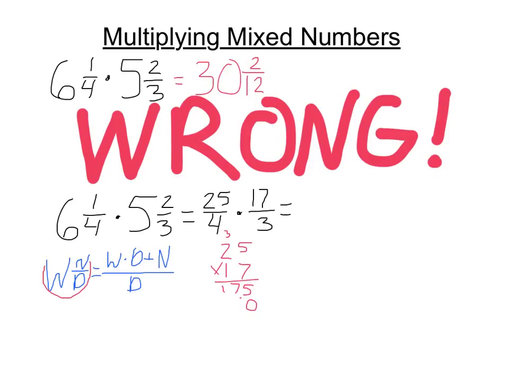So that means I have a 5 and a 2. Add it all up. 5 and 0 is 5. 7 and 5 is 12. Carry the 1. 1 and 1 plus 2 is 4. So this becomes 425 over, well, 4 times 3 is 12.